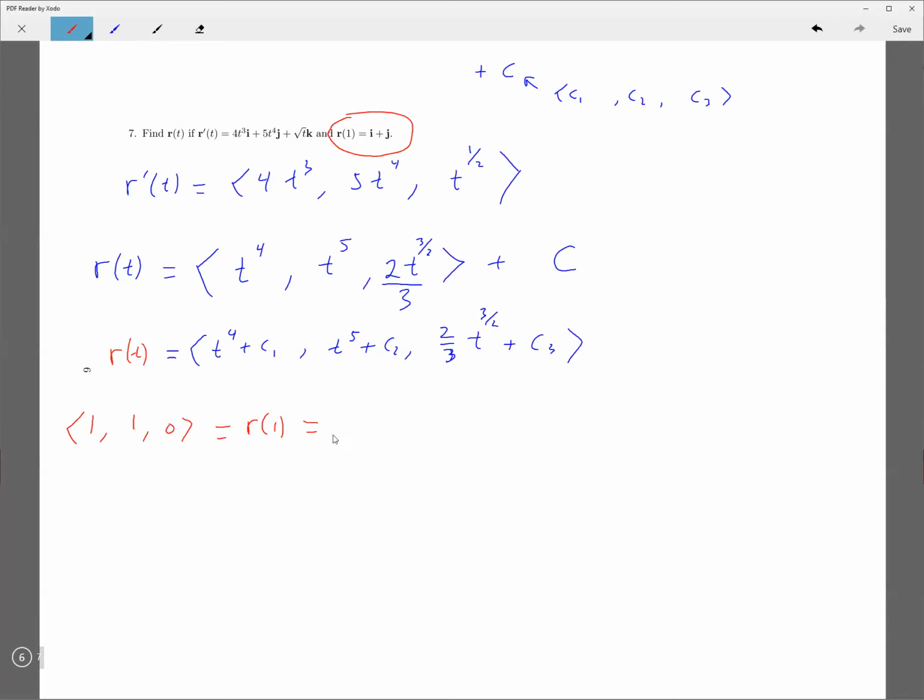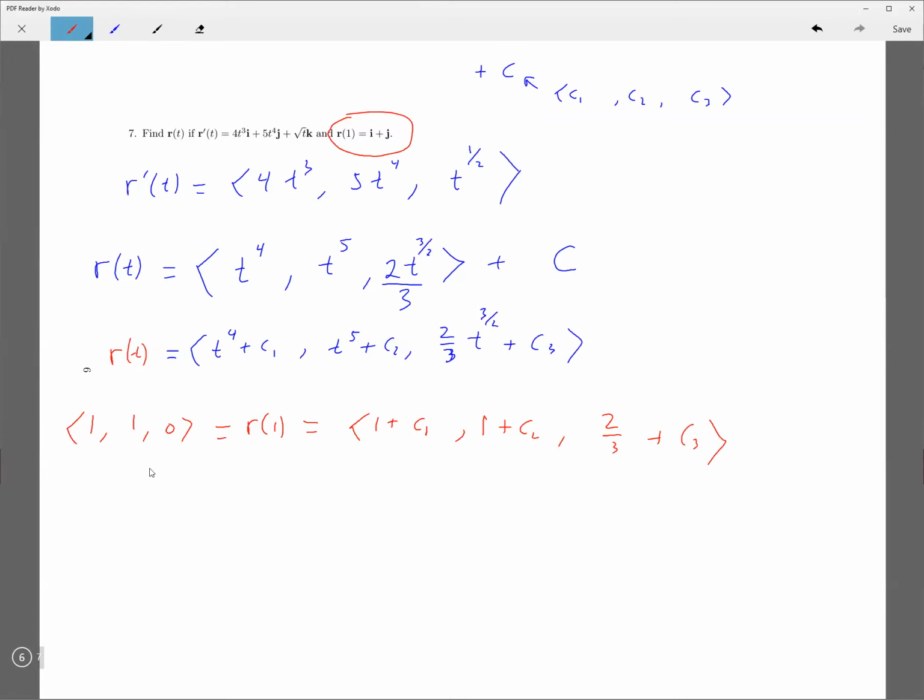But if you put a 1 in over here into this one, then what are you going to get? That becomes 1 plus C1, and this becomes 1 plus C2, and that one becomes 2/3 plus C3.